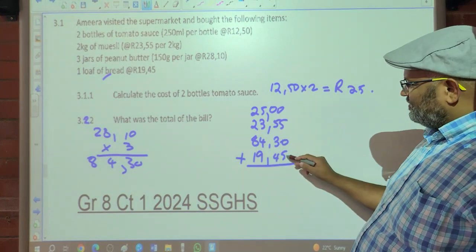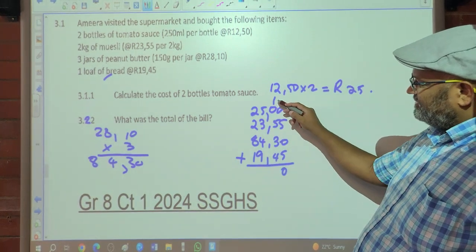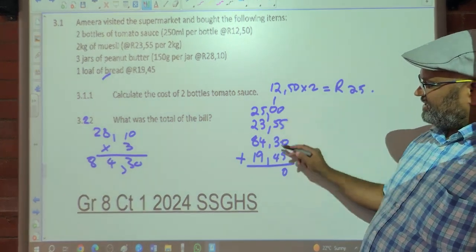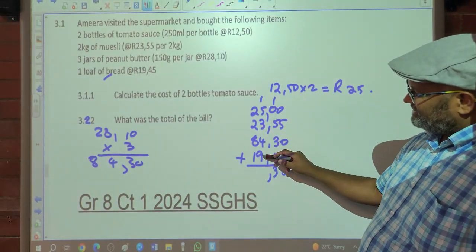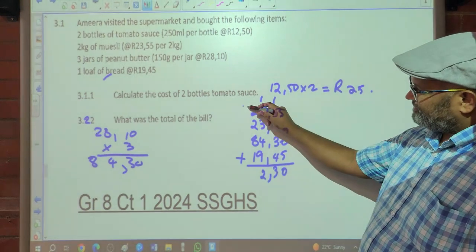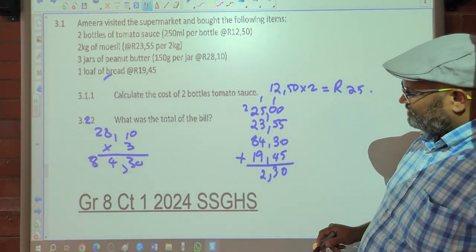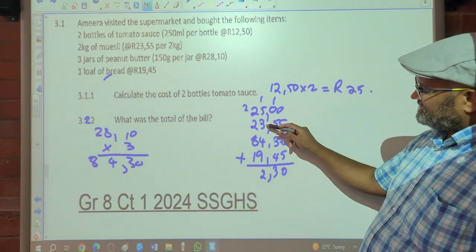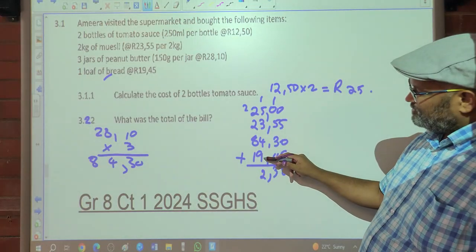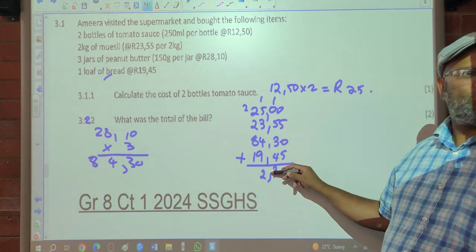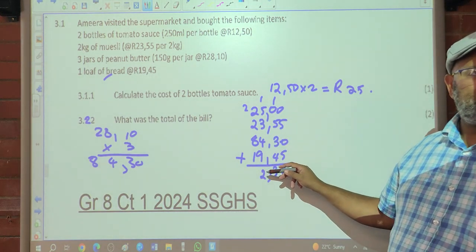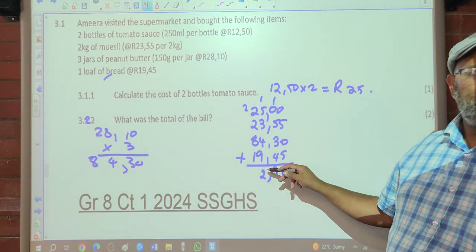So we add. That's going to give you 10, carry 1. That is going to be 7, 12, 13. Carry 1. That's 6, 9, 18, 22. I'm getting 22. Is it 24?